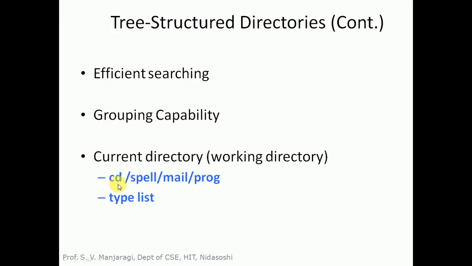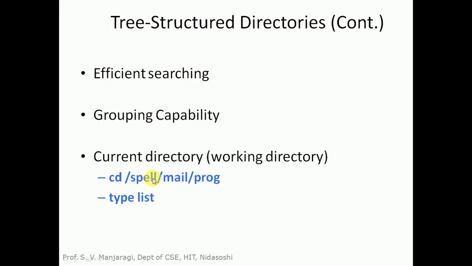There is a command in Unix called cd, for change directory. The path name will begin with a /, which is called the root directory in Unix. That root directory will have a subdirectory called spell. The spell directory will have a subdirectory called mail. Mail will have a program.